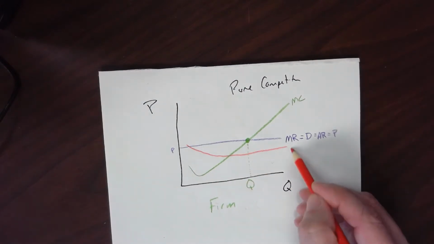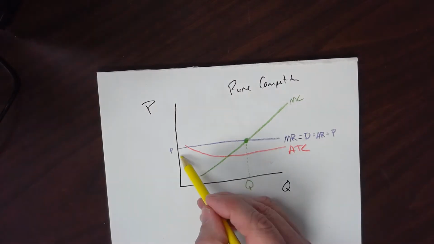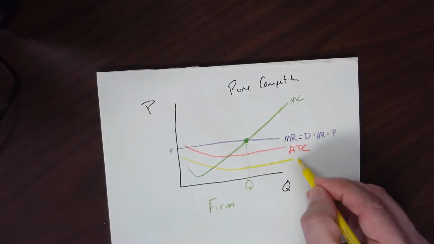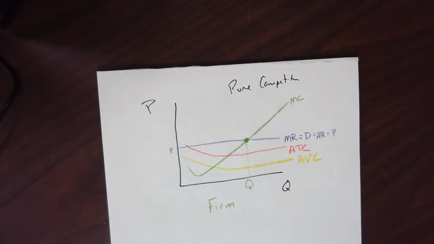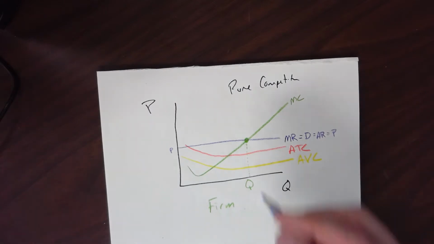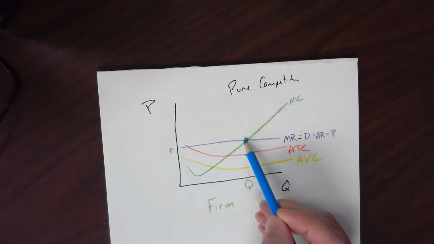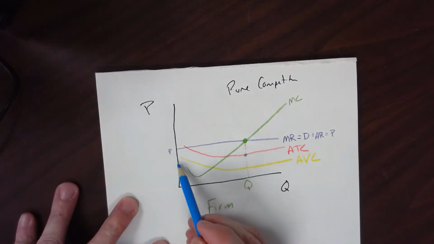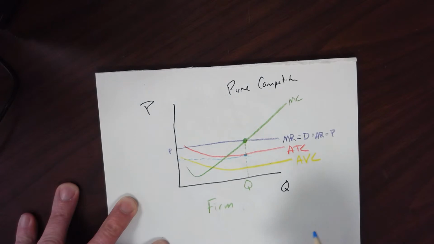You have your average total cost, and you have your average variable cost. Now, if you are a profitable company, your average total cost curve will be below where MR equals MC. All right, and then you'll connect it to there.